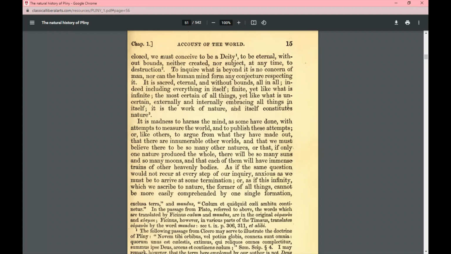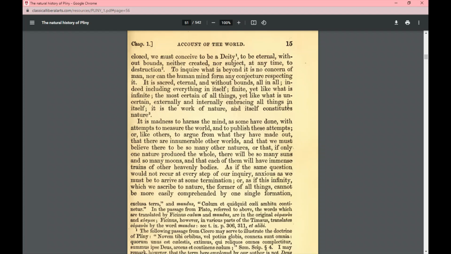It's madness to suggest that. And that we must believe there to be so many other natures, or that if only one nature produced the whole, there will be so many suns and so many moons, and that each of them will have immense trains of other heavenly bodies, as if the same question would not recur at every step. It'll just keep going on and on forever if that was true.